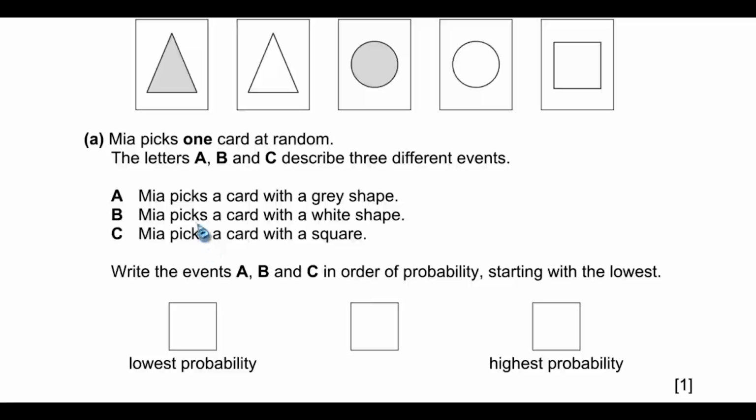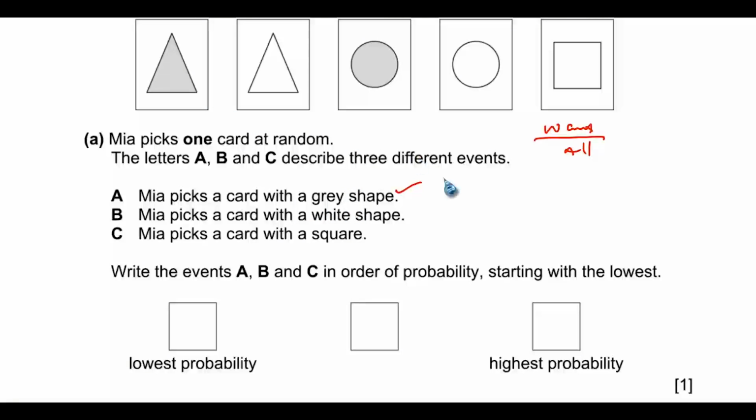Write the events A, B, and C in the order of probability, starting with the lowest. Okay. So for event A, Mia picks a card with a gray shape. Don't forget, probability is equal to 1, okay, over all. So that is the formula for probability. So for this first event, we want all the shapes that are gray.